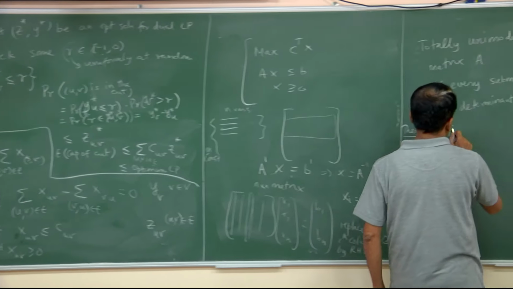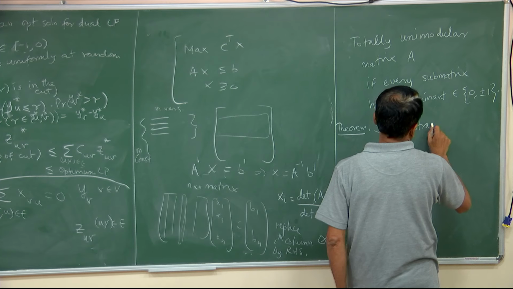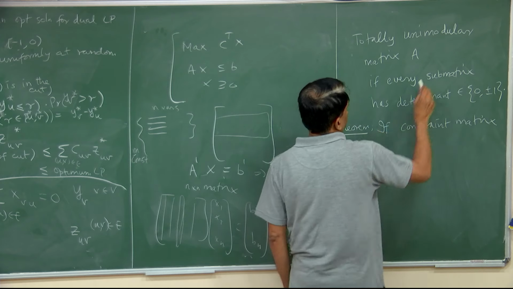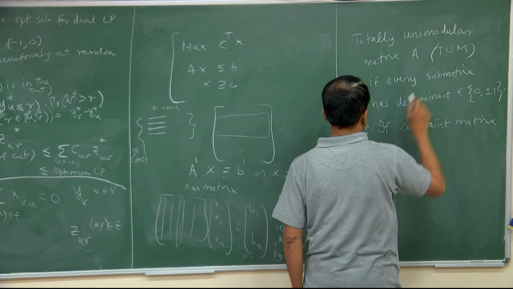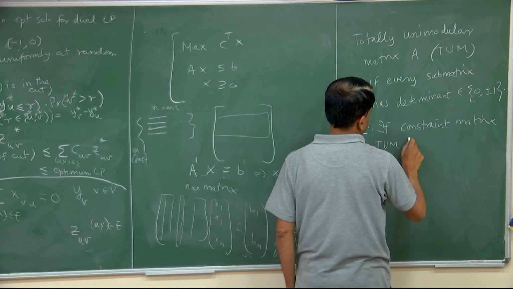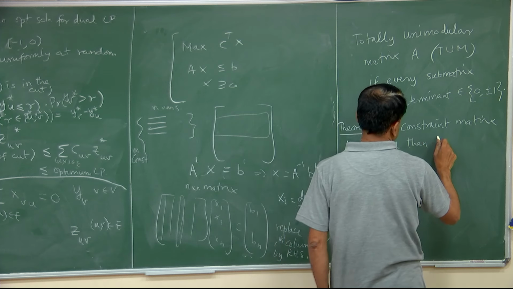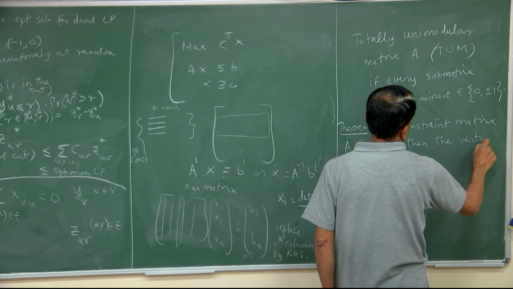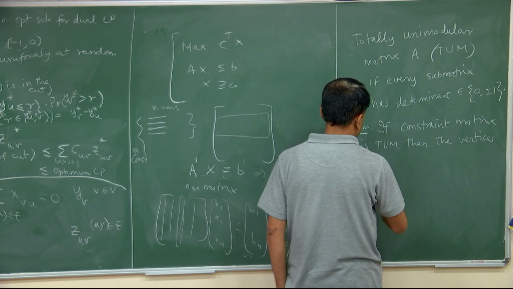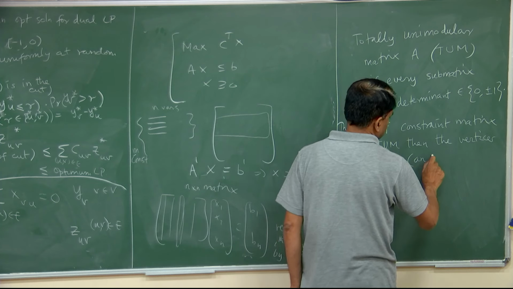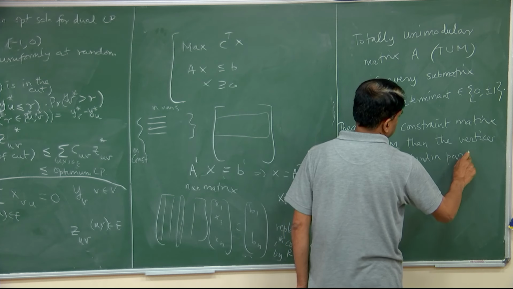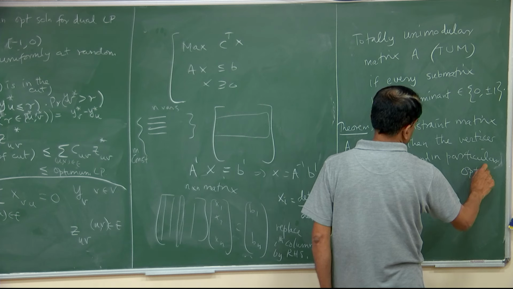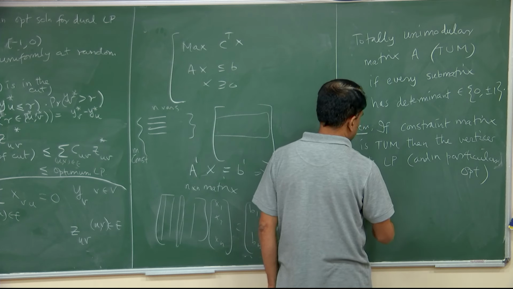If your constraint matrix A is totally unimodular, then the vertices of the LP, and in particular the optimum, is integral.